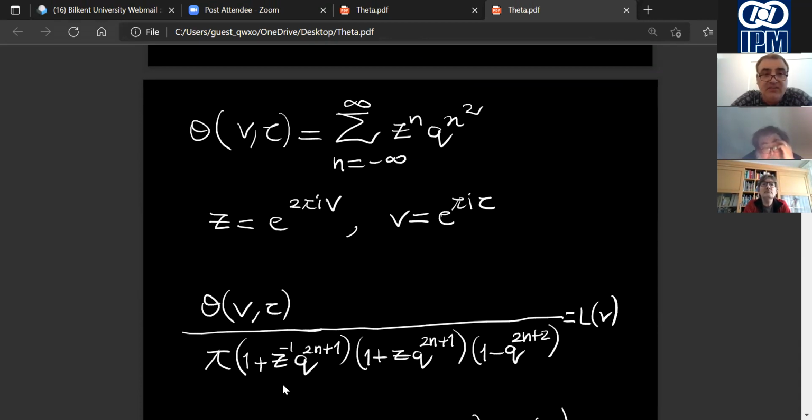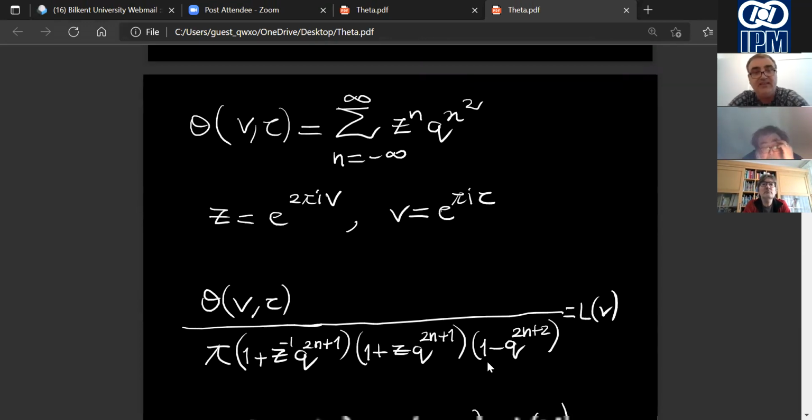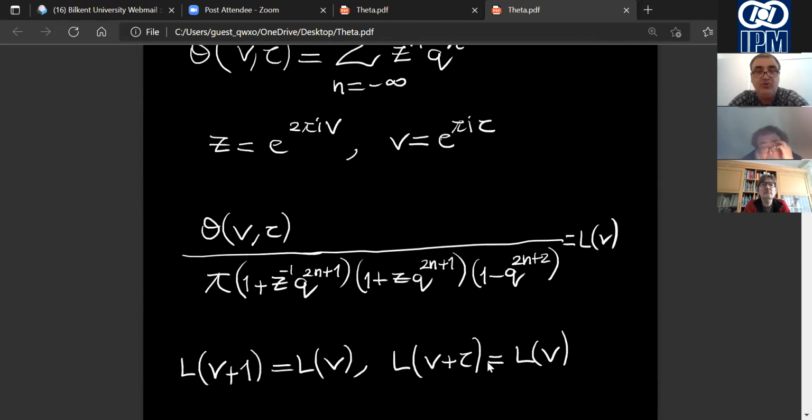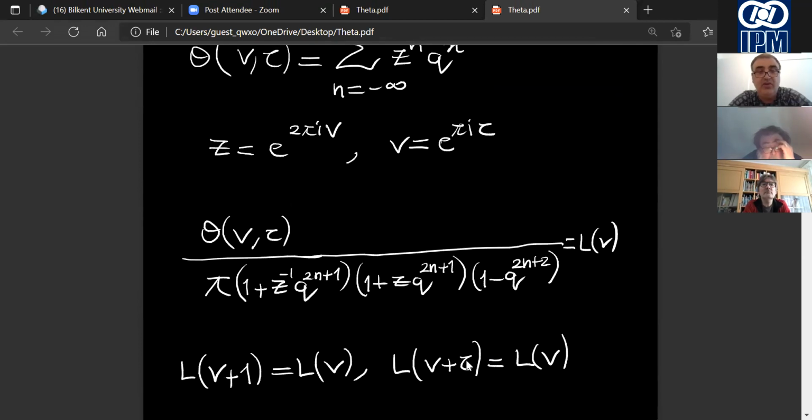So this divided by the infinite product representation, you can see that this function is doubly periodic. This is purely algebra, not much here. You can also see that the zeros of the numerator are canceled by the zeros of the denominator. So this is a periodic function without any poles, so it must be constant.